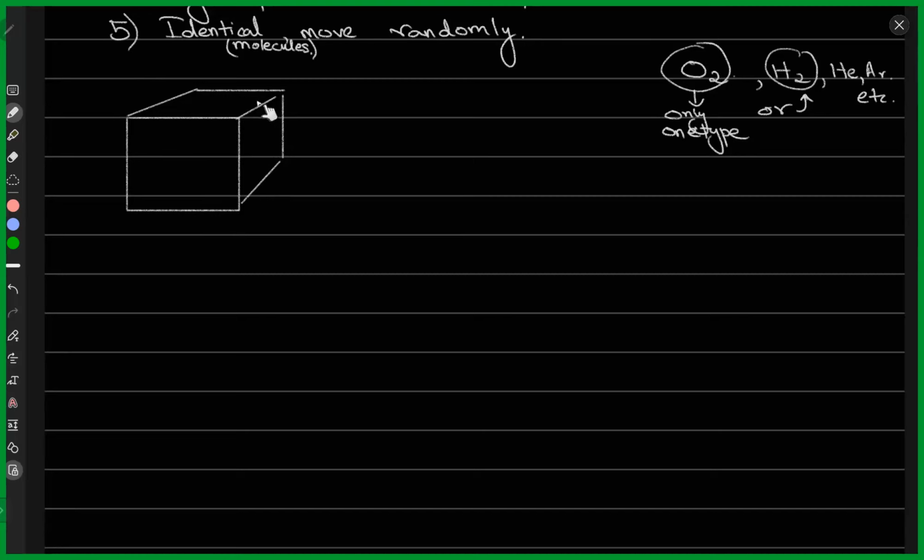So there are 6 faces of this cube, and we'll consider a gas. I'll just draw one molecule, but we'll assume that there are so many molecules, right? I'm not going to draw all of them, so that it's easier for us to derive this relationship. We'll consider that there's this gas and it has a mass m, and the length of the box, we'll just call it L. Now it's a cube, so all the sides are of the same length.